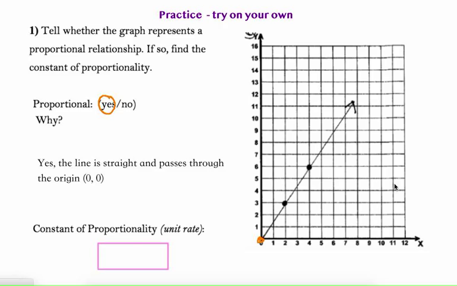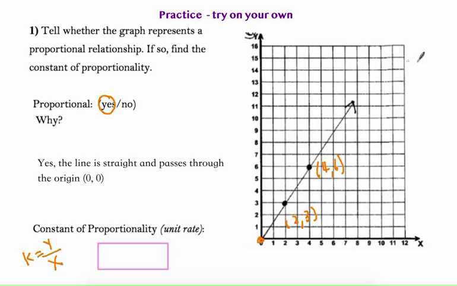Now, since this is proportional, we need to calculate the constant of proportionality, which is k equals y over x, right? So we need to identify the y and x values of each point again. So this point here is (2, 3). This point here is (4, 6).